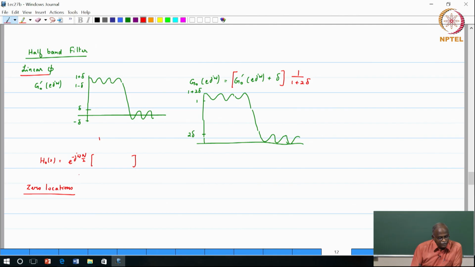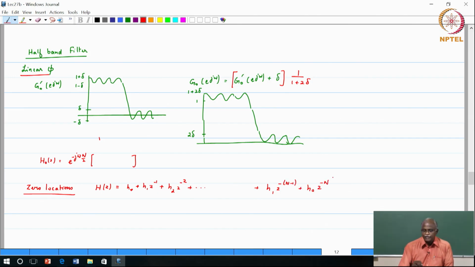Because of the symmetry, h of z has the following form: h naught plus h1 z inverse plus h2 z power minus 2 plus h1 z power minus n minus 1 plus h naught z power minus n. I am looking at the case where there is even symmetry.